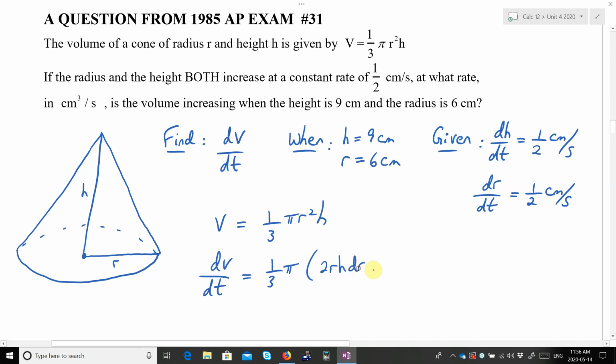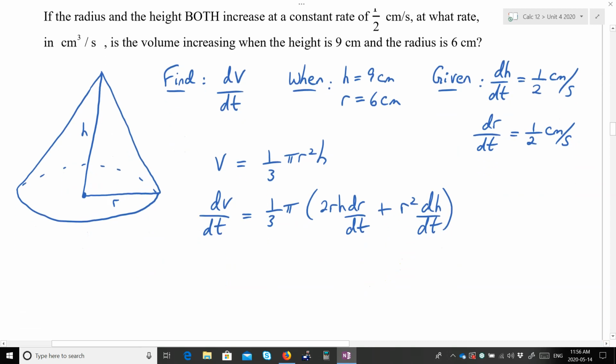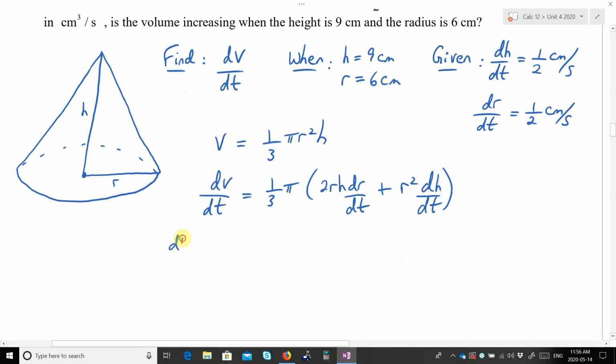I'm going to put that multiple of h as well. And then we would get r squared times dh dt. We're trying to find dv dt, and conveniently it's already by itself. So let's see if we can just plug in everything we know. We know r and h, and we know dr dt and dh dt, so everything is good.